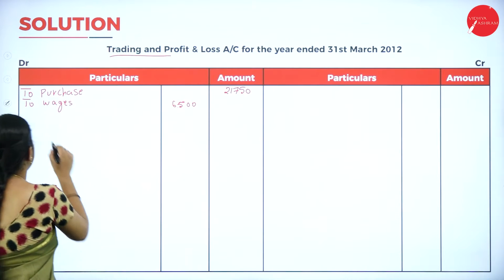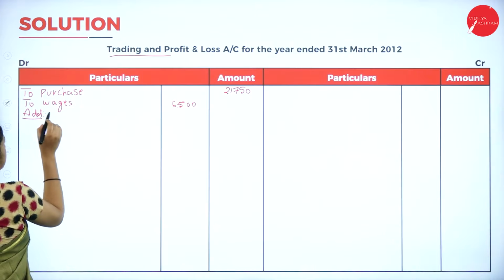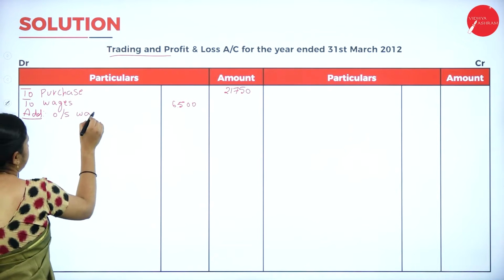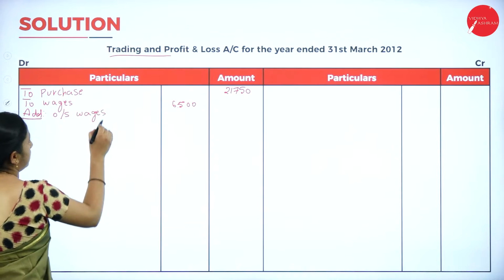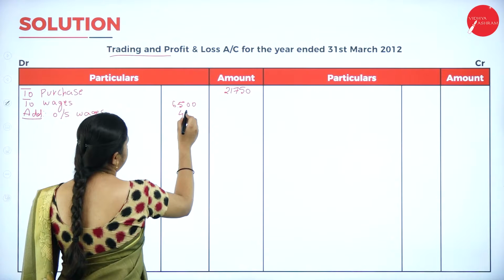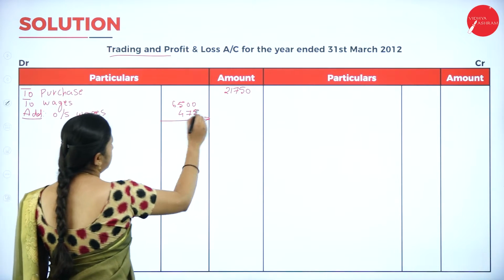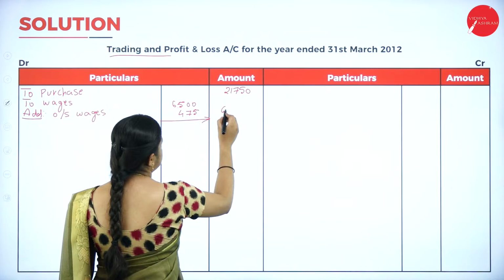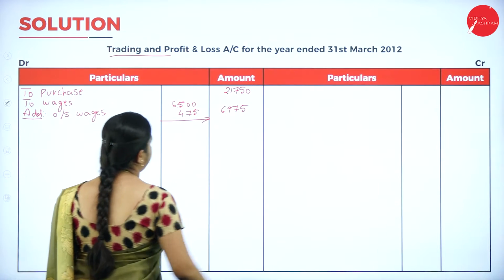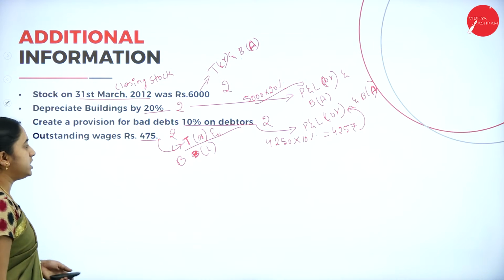Then we have outstanding wages. Outstanding wages you need to add with wages. Outstanding wages rupees 475. Just make a total, 6,975. So we finished one entry for wages.